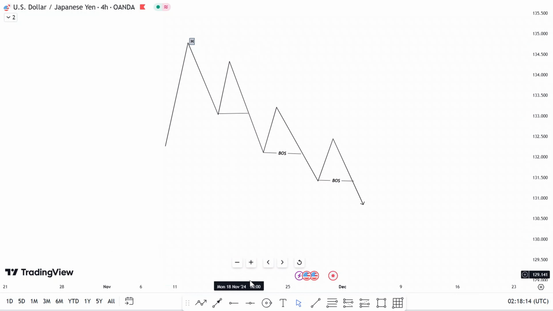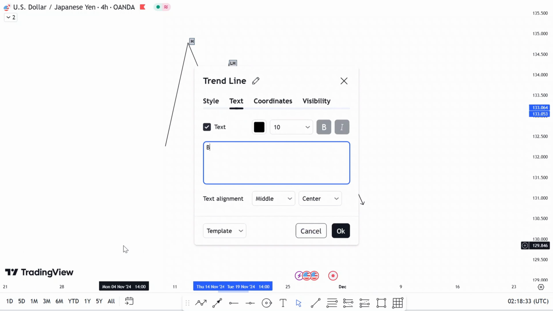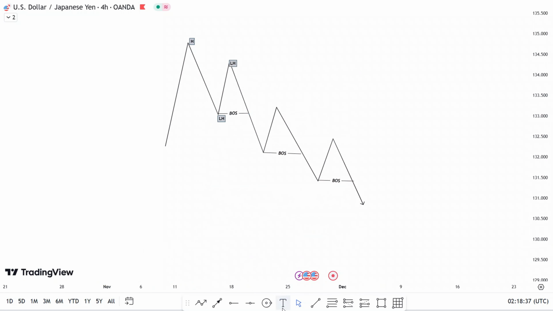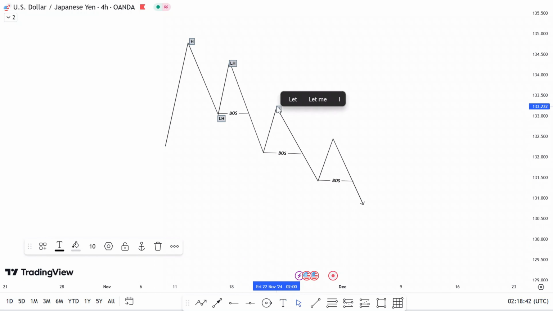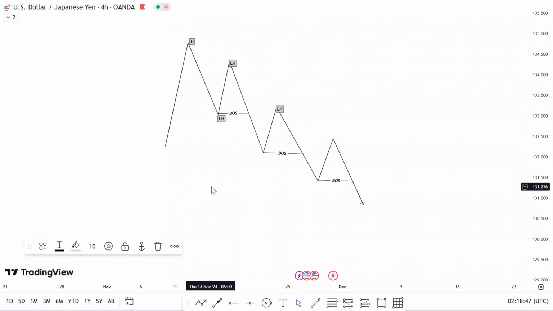This first one is going to be the high, which is H. This one is going to be a lower high. This will be a lower low. Break of structure, BOS. Basically the same thing.